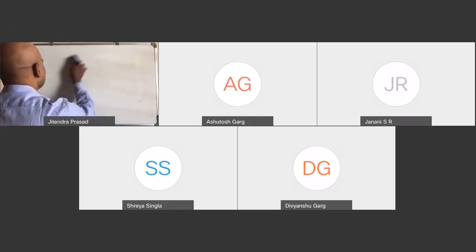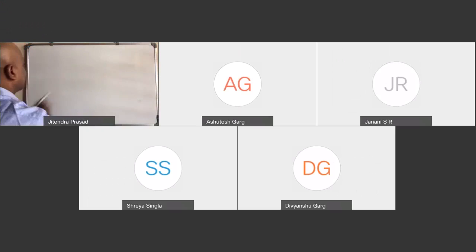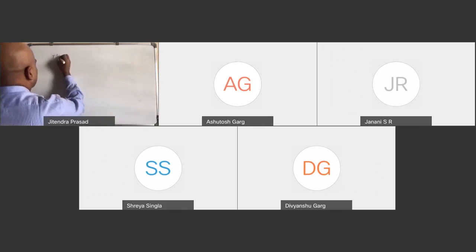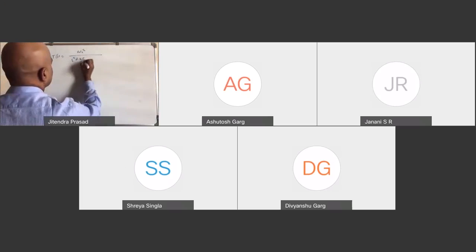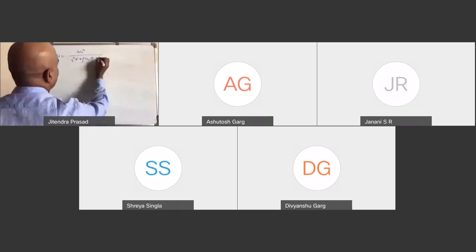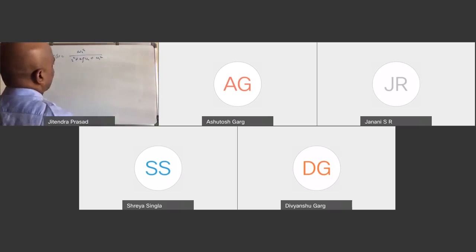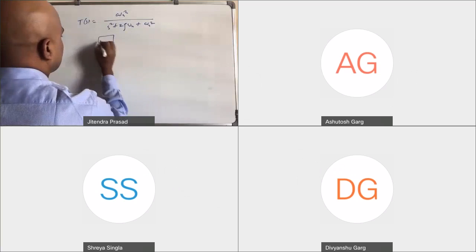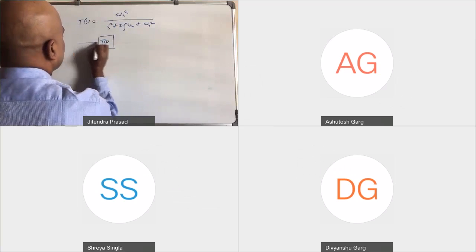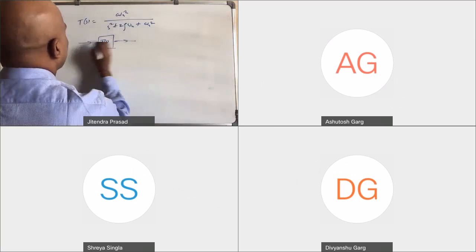Any transfer function, say T(s) equal to omega n square over s square plus 2 zeta omega n s plus omega n square. This is T(s), the transfer function. You have an input and there is an output.